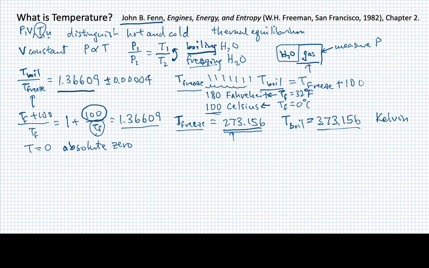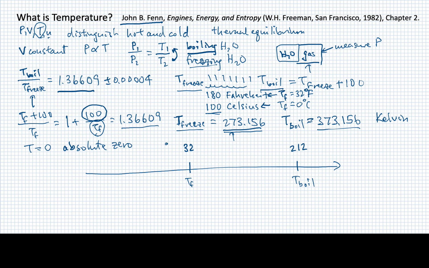So it means that we have 3 different scales here, and I'm going to relate them all together like this. If this is our temperature of freezing, and this is our temperature of boiling, the Fahrenheit scale would set this at 32 and this at 212, 180 degrees higher.